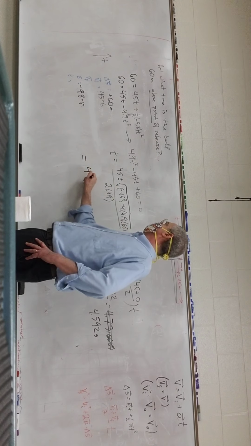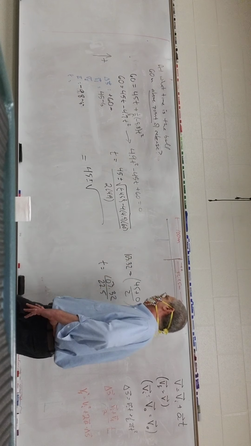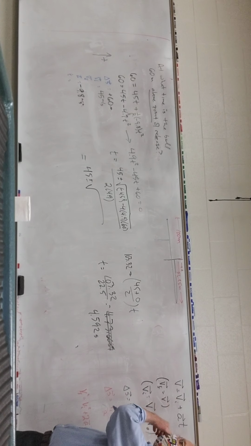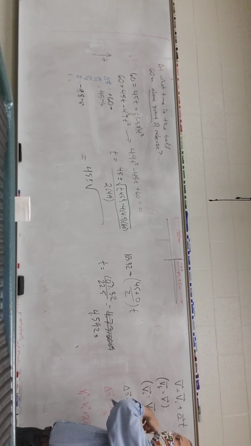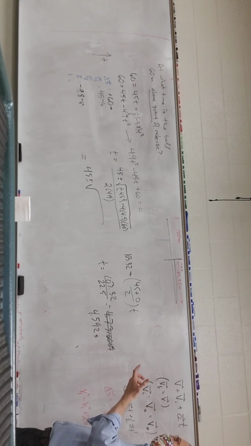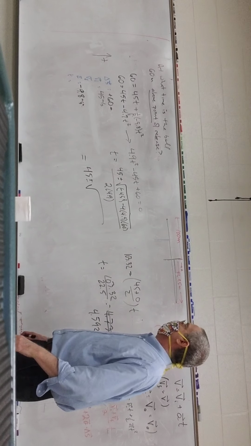And so I get 45 plus or minus the square root of this thing right here. And I'm thinking, let's see, that's roughly 1200. So somewhere around the square root of 800. Probably a little bit more.